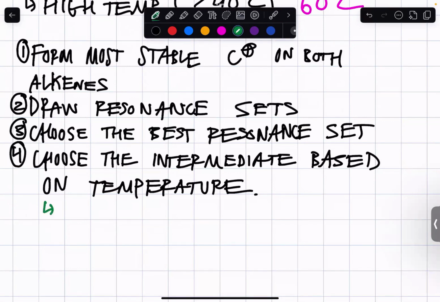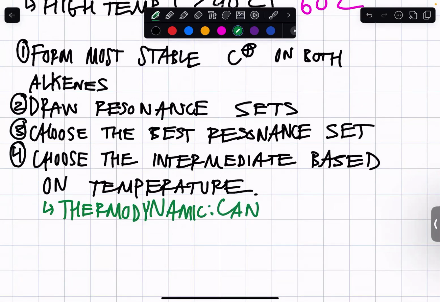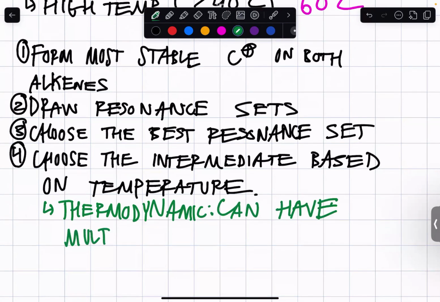So for thermodynamic, you can have more than one thermodynamic product. If you have equally substituted alkenes, equally stable alkenes, you can have multiple products for thermodynamic.